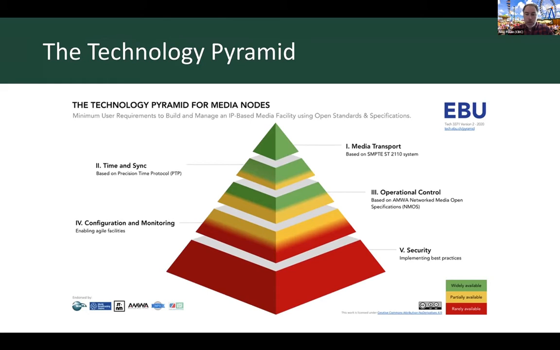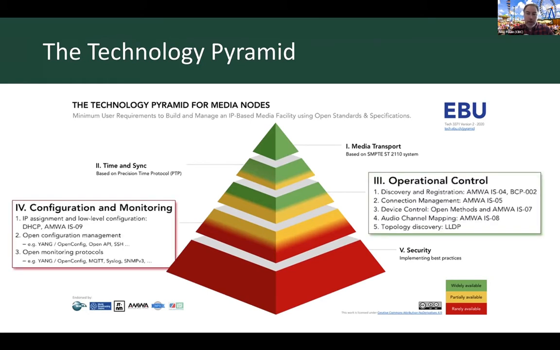And you will see that at the center of the pyramid, NMOS, the Network Open Media Specification, API and set of specifications, are filling the middle part of the pyramid, especially layer 3 on operational control, where there's a need for discovery, registration, connection management, device control, audio channel mapping.